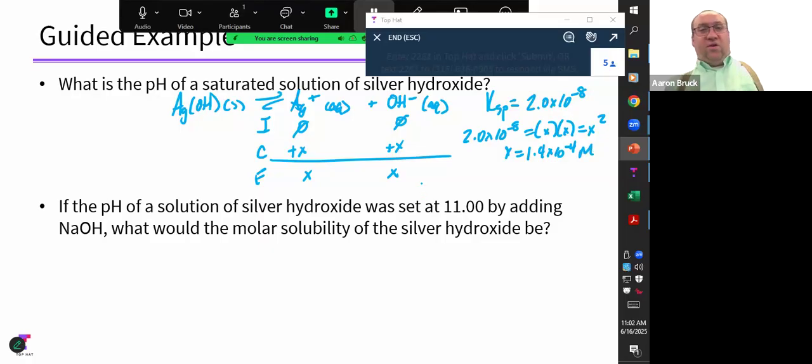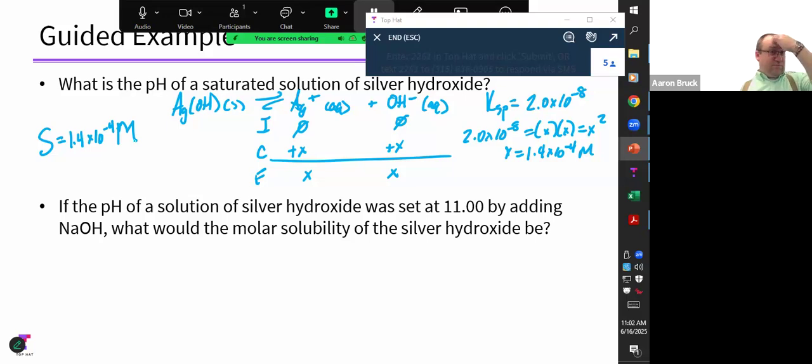So if I wanted to know the molar solubility of this solution, it would be 1.4 times 10 to the negative fourth molar. In this case, we're asked for the pH.